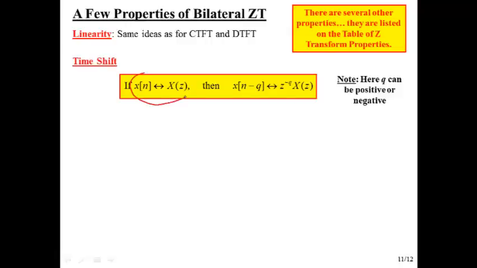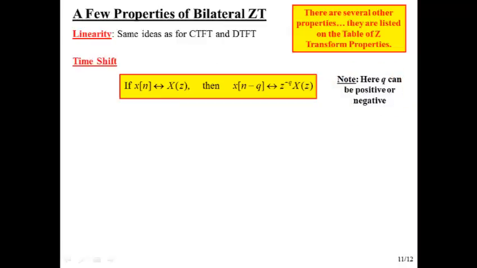So if I know that x of n has a transform X of z, what is x of n minus q? And here we're allowing q to be positive or negative, so we can shift left or right, advance or delay. And the result is we just simply take our original Z transform and multiply by z to the minus q. That's a big, big result.